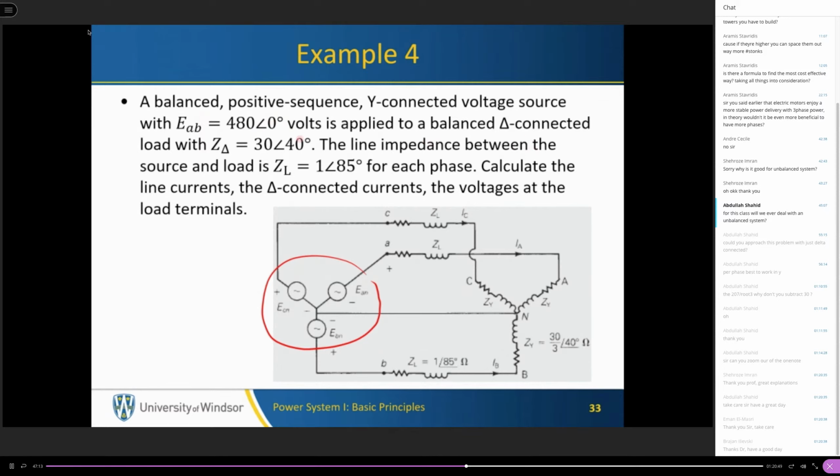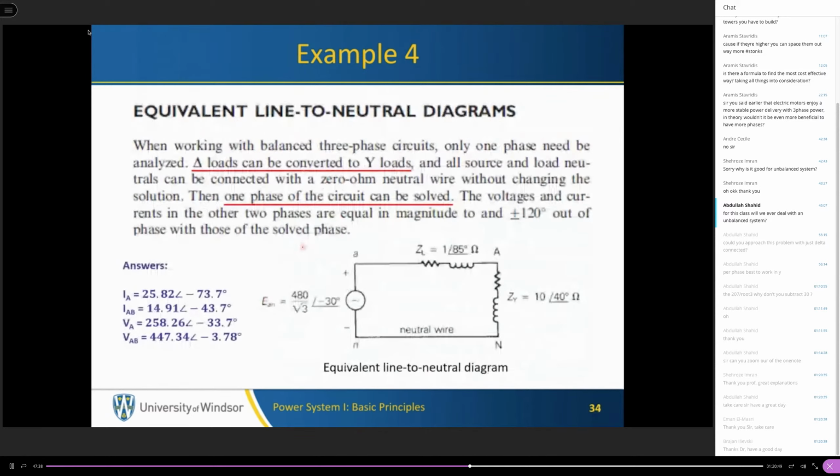The balanced load has an impedance of 30 ohms with angle 40. The line impedance is given. Calculate the line currents. So we need to calculate the current through the line, the delta connected currents, and the voltages at the load terminals. So we need to calculate the voltage here, and the current through the delta connected loads.